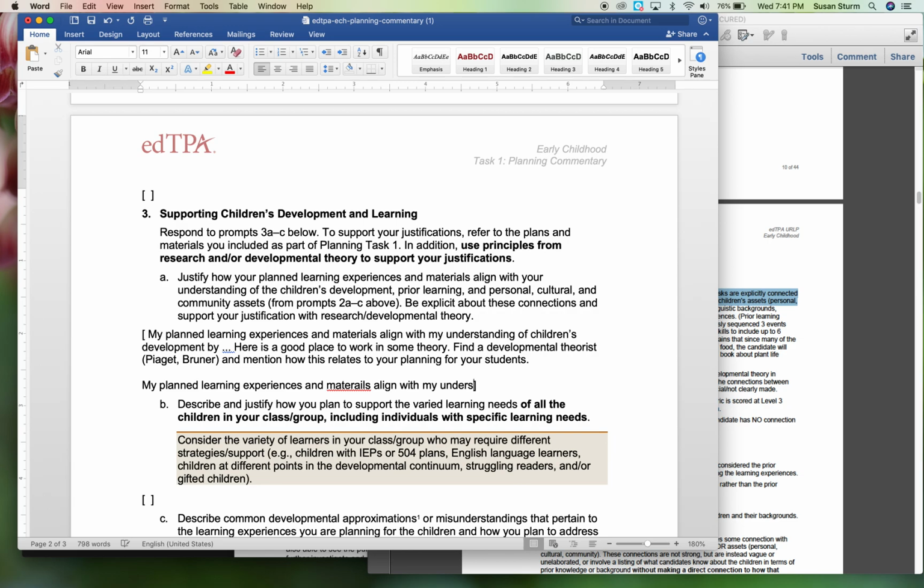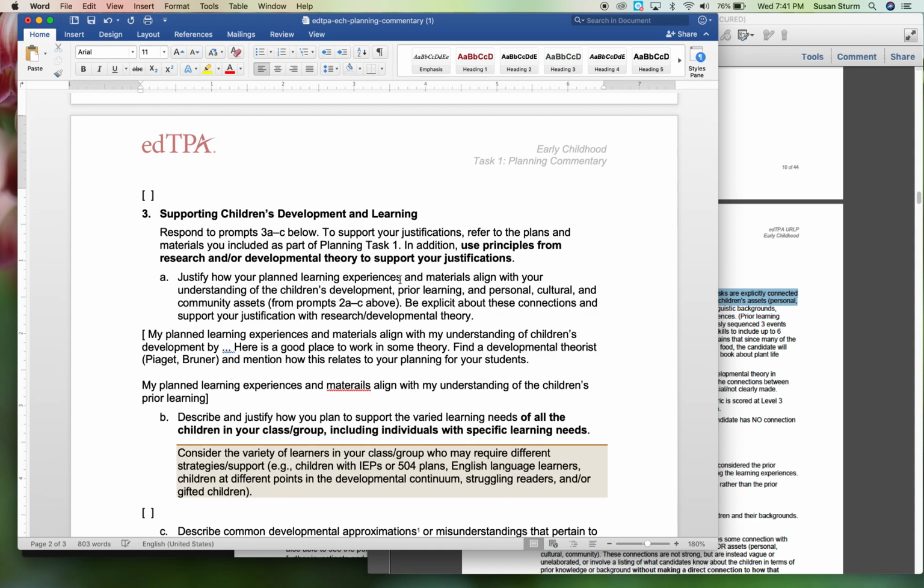understanding of the children's prior learning, which is the next thing in the sequence here, by, and how does it connect to their prior learning?